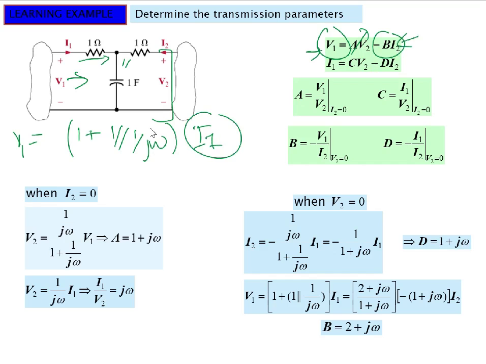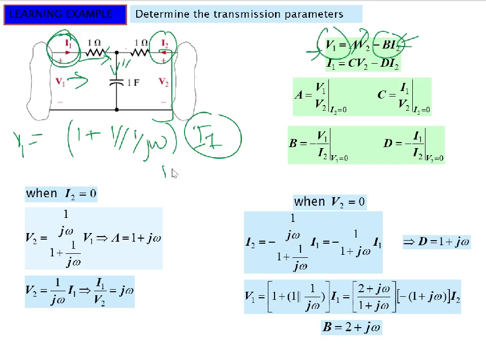So what will we do? We will write the value of this I1 in terms of I2. So this is our current I1 and this is our current I2, and this current is going in this direction and this direction with negative sign, and we want to find this I1.